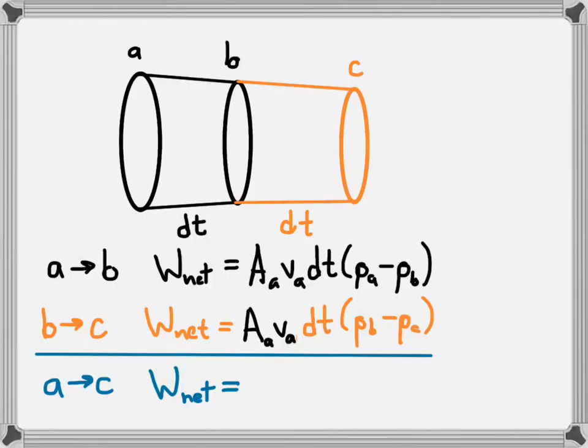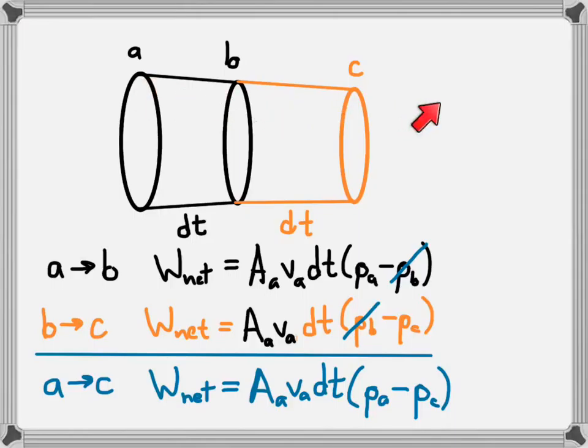And what I notice is that in this equation I have AA VA dt times PB, positive. But in this equation here I have AA VA dt times negative PB. So those PBs end up subtracting themselves out. So those cancel. And now I'm left with AA VA dt times PA minus PC. And I could keep on continuing this as long as I want to.